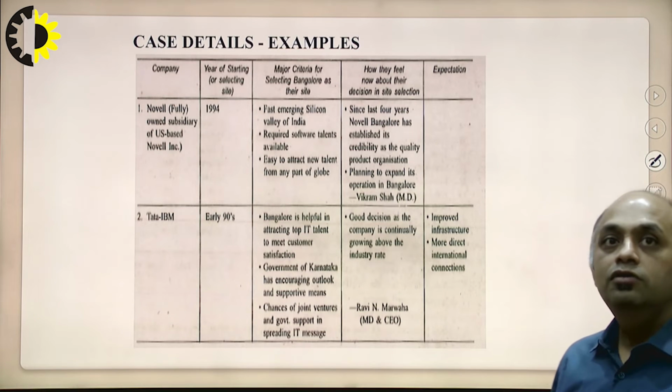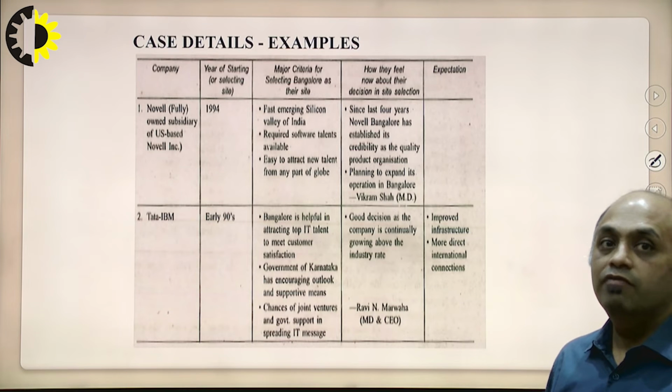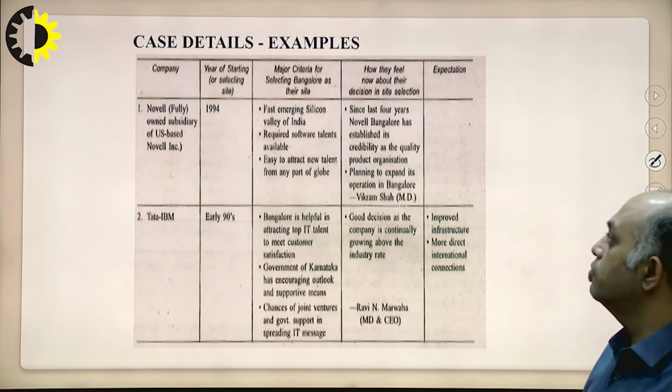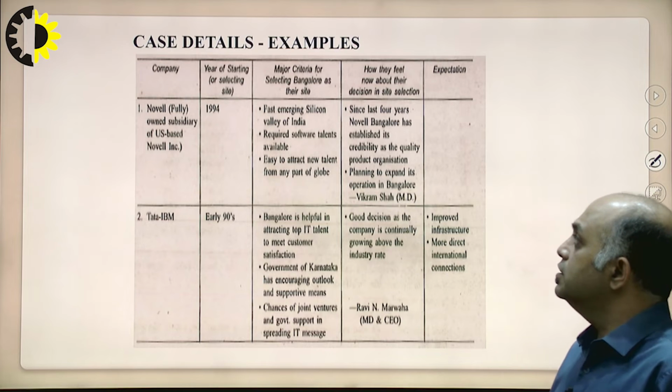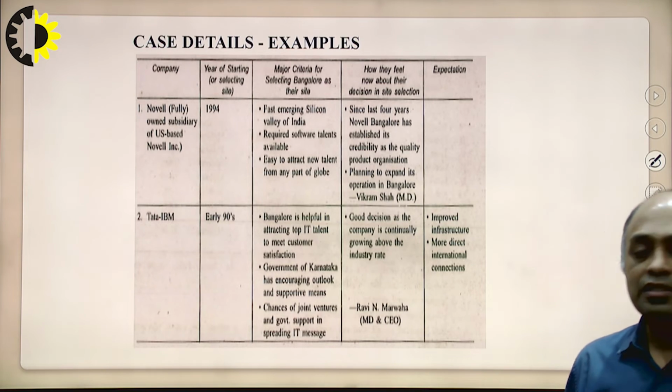Now it is around 20 years, right? From 1994, 2004 and 2022 now. So around 17 years we have crossed. So if you see these last 17 years, Novel Bangalore has established its credibility as a quality product organization, planning to expand its operation in Bangalore. So they are also planning to expand their operations.